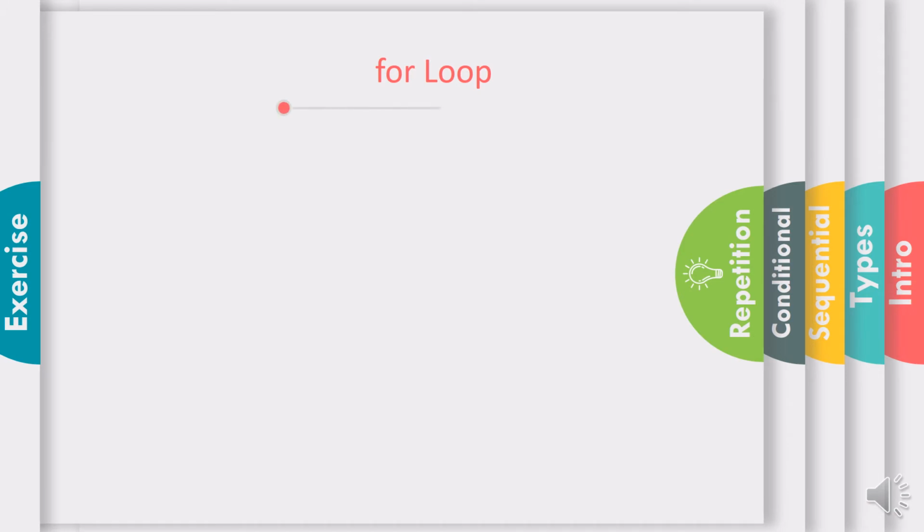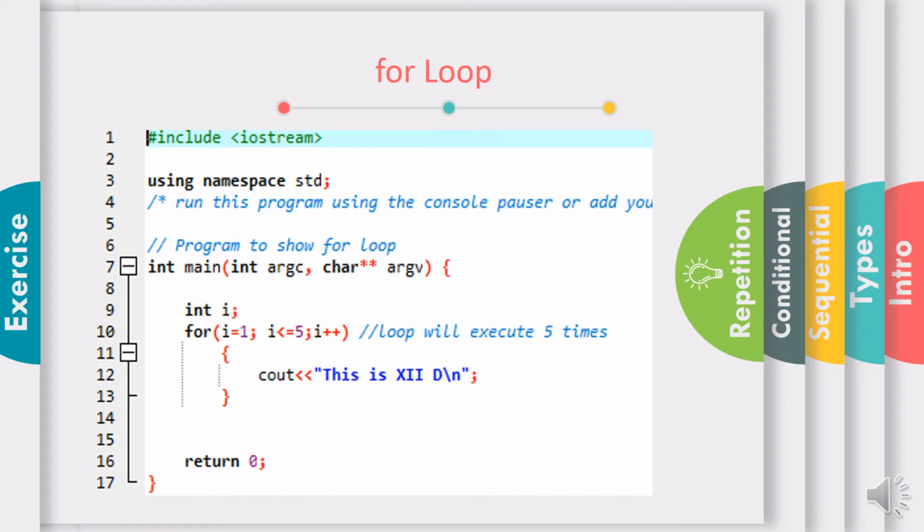Okay, here is the example for the for loop. Let's discuss this example. Here, first of all, I have declared a variable int i. I will be using this variable i for controlling the loop. Here, I have used a for loop starting with the reserved word for.